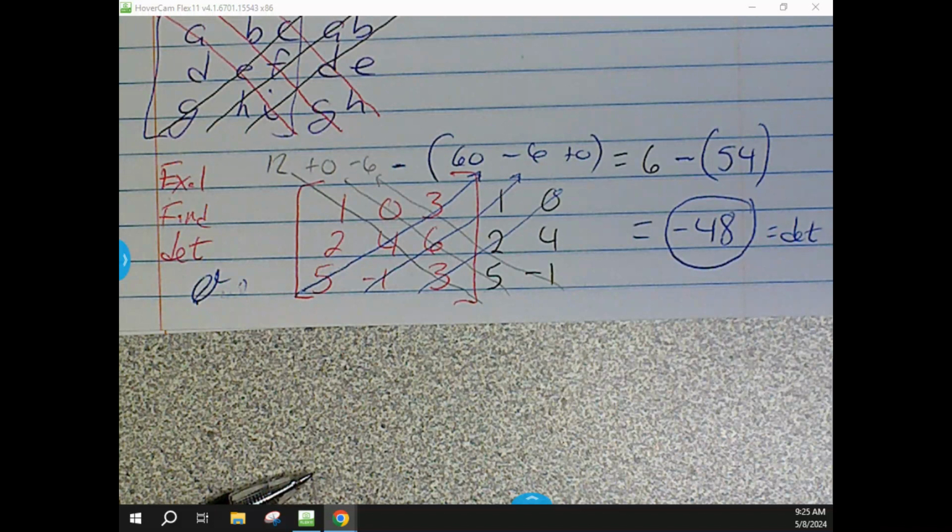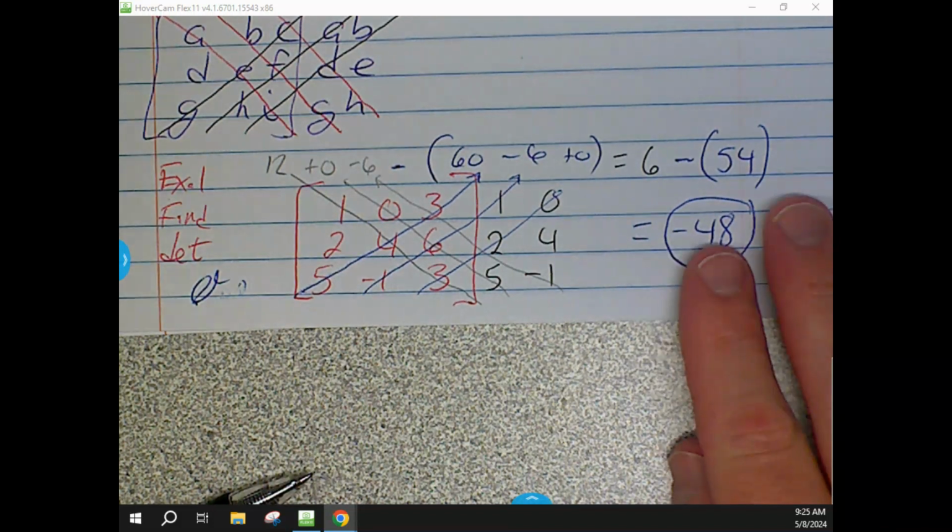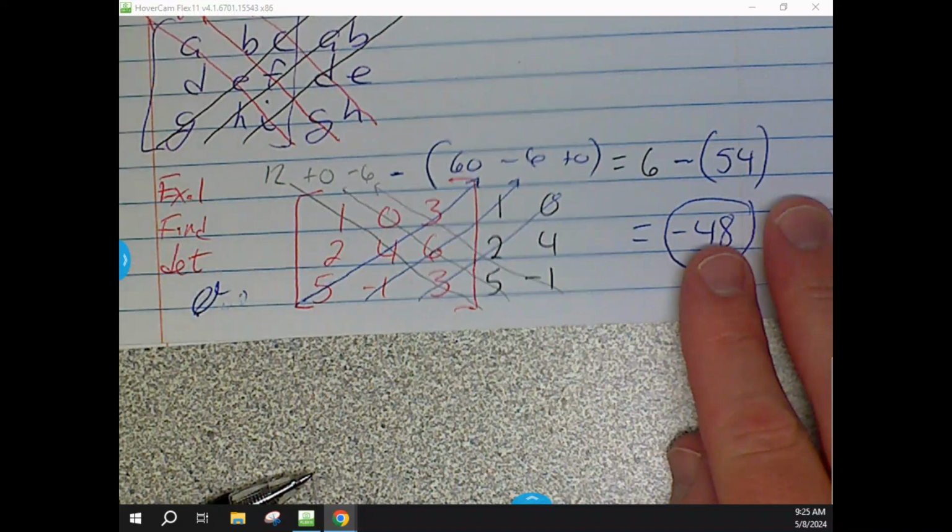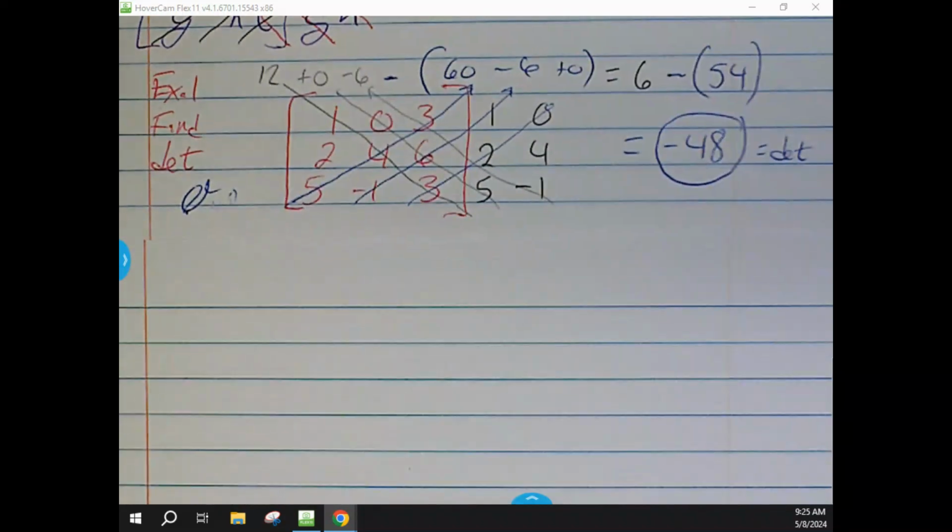Okay, now one other thing we're going to add, talking about that 3 by 3 matrix. And this pretty much goes for any matrix, whether it's a 2 by 2 or a 3 by 3.